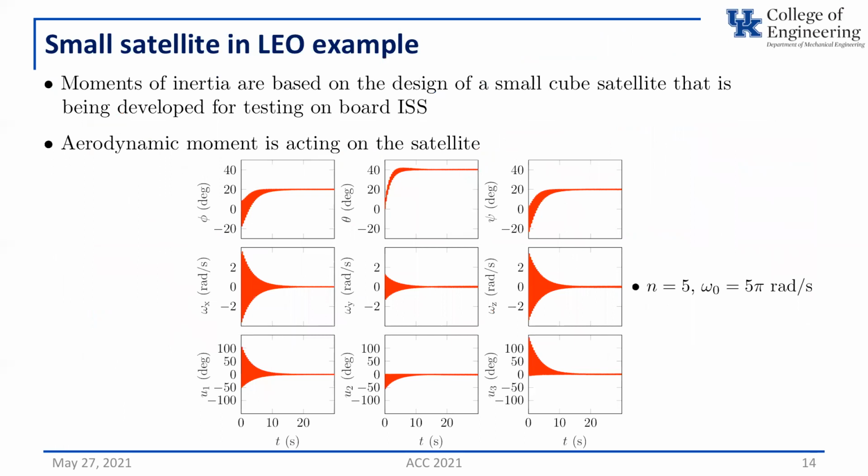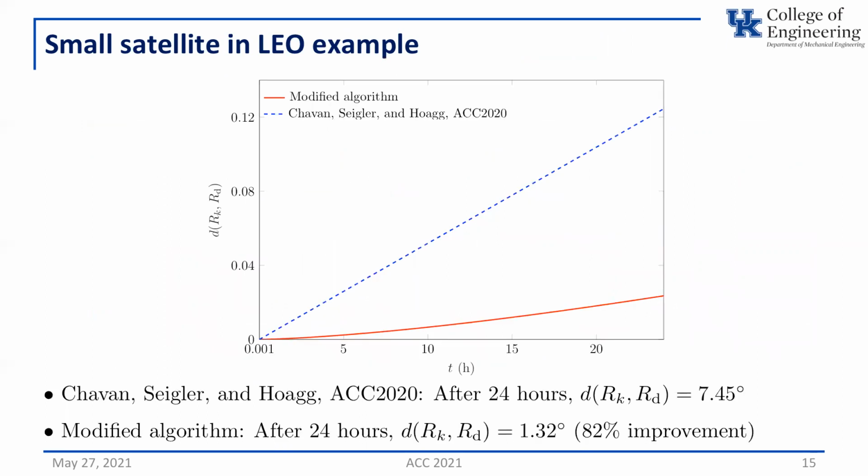Next, we consider an example of a small satellite in low Earth orbit, which is experiencing an aerodynamic moment. The objective is to track a set point of 20-degree roll, 40-degree pitch, and 20-degree yaw. We see that with the modified algorithm, the satellite is able to track the set point. For this example, we also observed the set point tracking performance of the 2 algorithms over 24 hours.